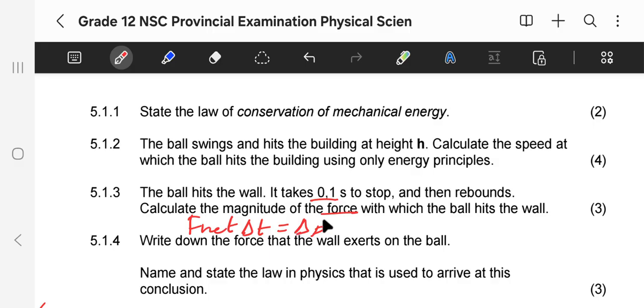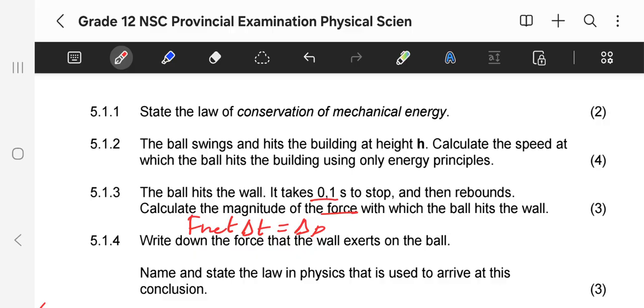And we know that momentum is a vector. So when we deal with momentum, we have to remember that it's a vector, and even our velocities have to have direction due to that fact. And what we'll realize is that they say the ball will then rebound, but the question is asking what is the magnitude of the force with which the ball hits the wall.